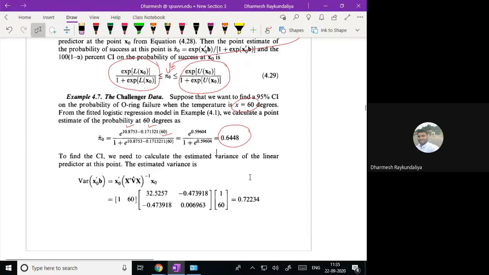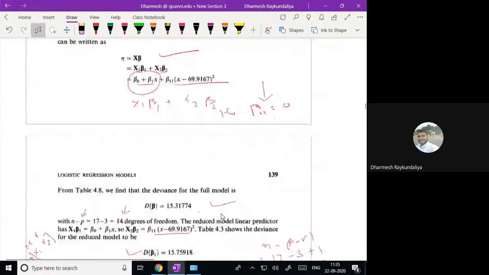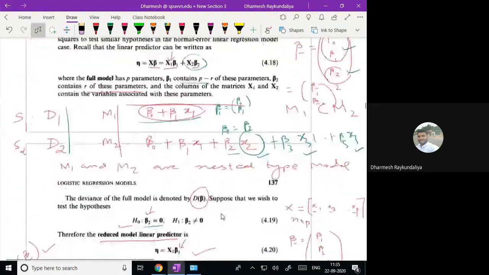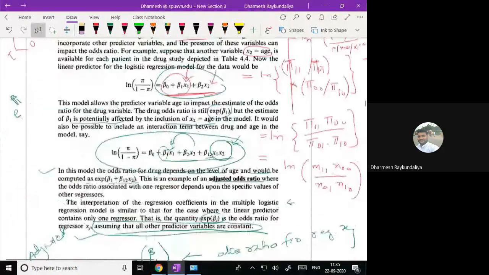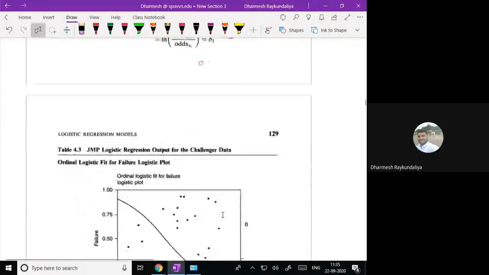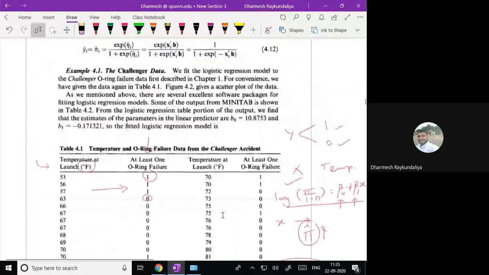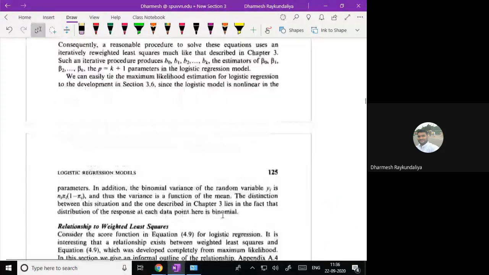So what do I have to do? I have to obtain the variance of x0 dash b. Now x0 dash is with me. What is x0 dash? It is 1 comma 60. Why? Because we have been given 60. 1 is for the intercept and 60 is for the x. And the variance covariance of b we have already obtained. Earlier we developed all this theory, where we obtained the variance covariance matrix.